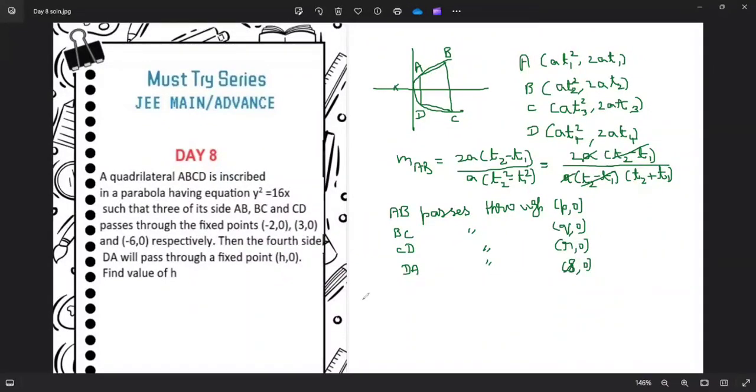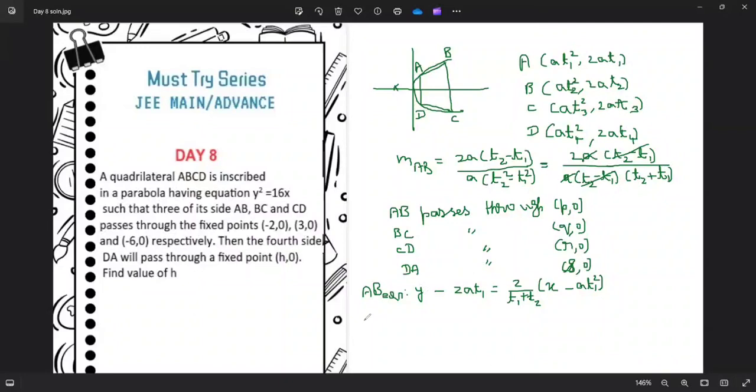Now I write the line equation for AB because I know a point and I know its slope. The AB equation is y minus 2at1 equals 2 by (t1 plus t2) times (x minus at1 squared).